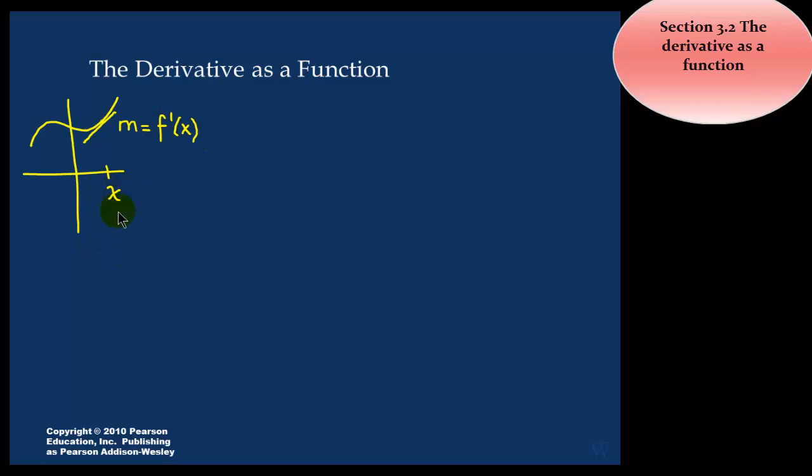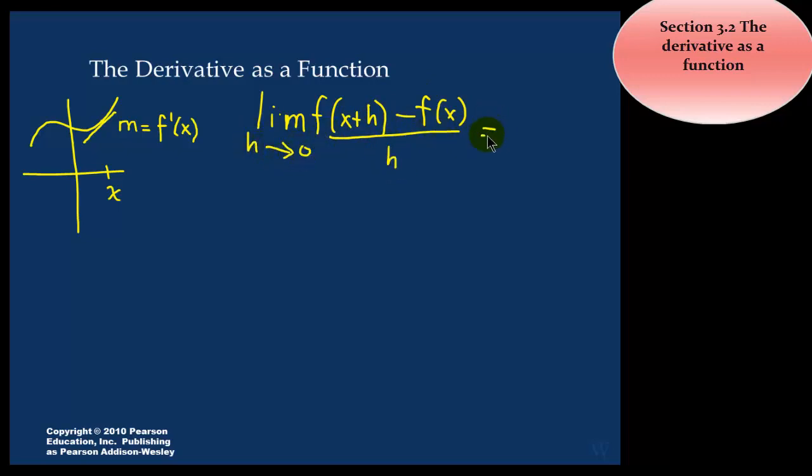So in general, for any x, for a particular function, if we take the limit of f of x plus h minus f of x, whole thing divided by h, as h approaches 0, what we obtain is a slope function. So the derivative in itself is a function.